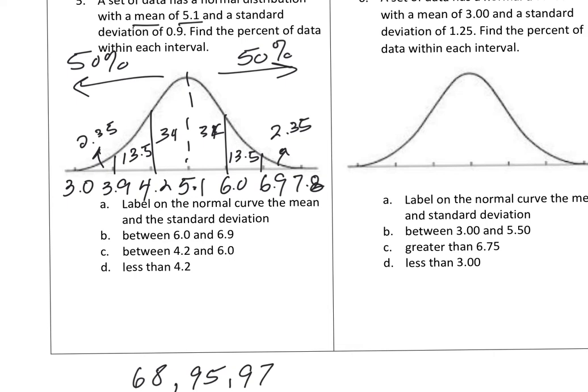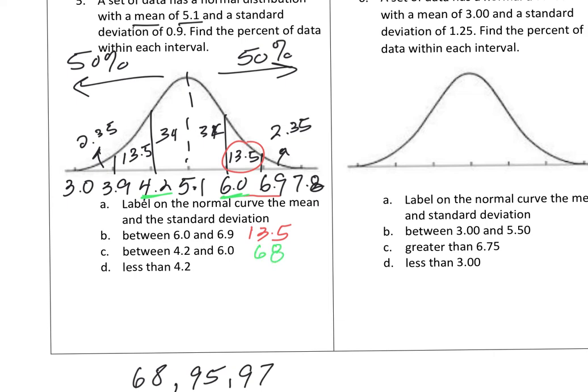So between 6.0 and 6.9, we look at 6.0 and 6.9. Here it is, right there. I'm looking in between these two guys. Then I'm looking at this much, so it's 13.5. If I look between 4.2 and 6.0 now, okay, I'm looking at 34 and 34, so that's 68.